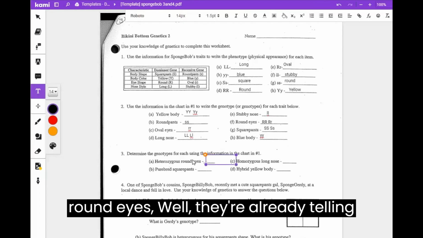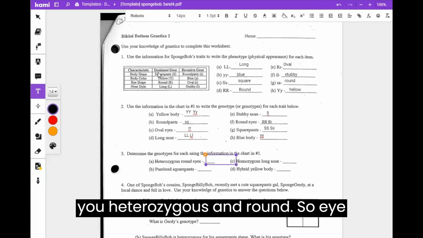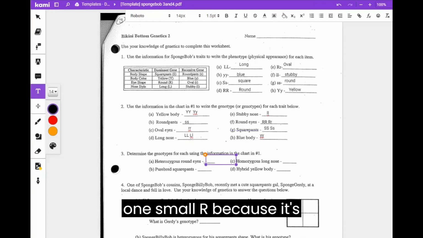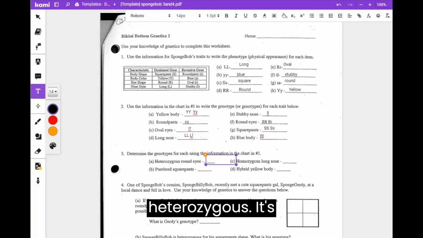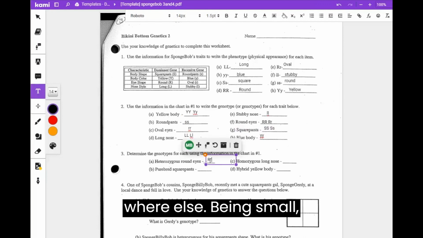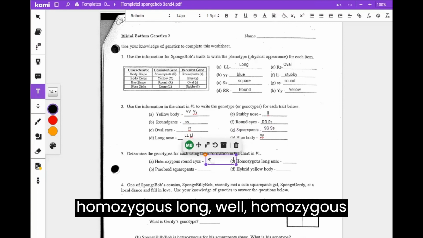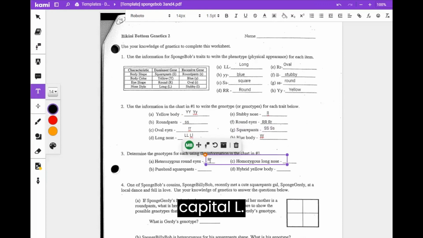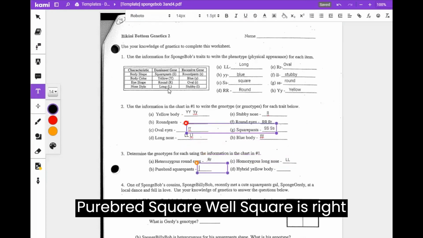Heterozygous round eyes. They're already telling you heterozygous and round. Eye color is right here, so I have one big, one small R because it's heterozygous. Homozygous long is going to be two capital L's. Purebred square, square is right here.